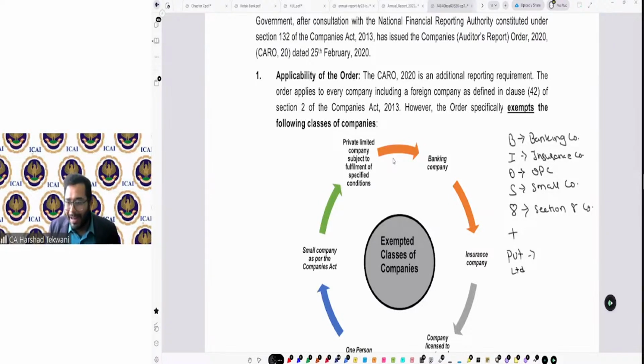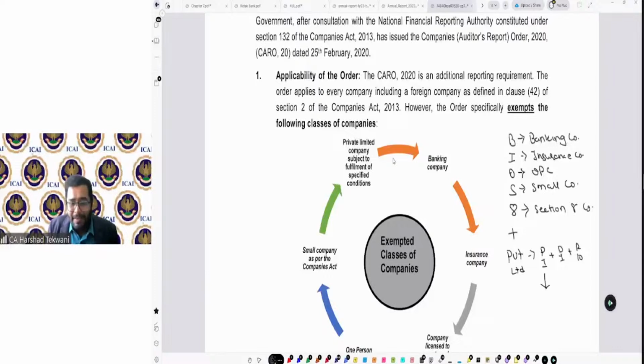Now there's a private limited exemption. After this, if none of the categories is satisfied, you can check for the private limited exemption, which has a few requirements. That is P1, D1, and R10. What is that?